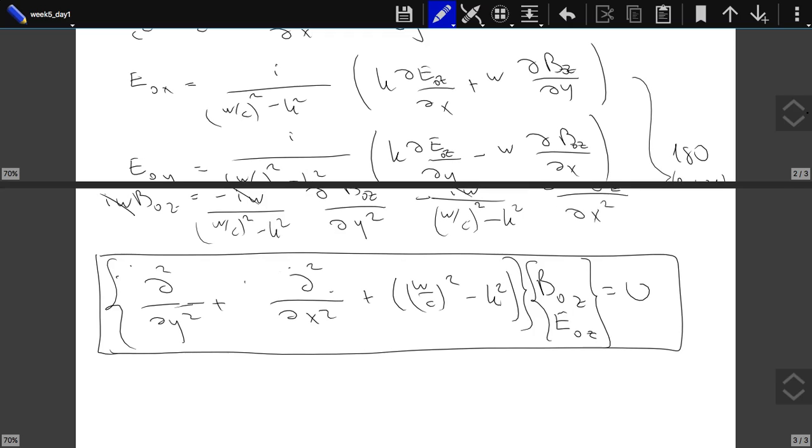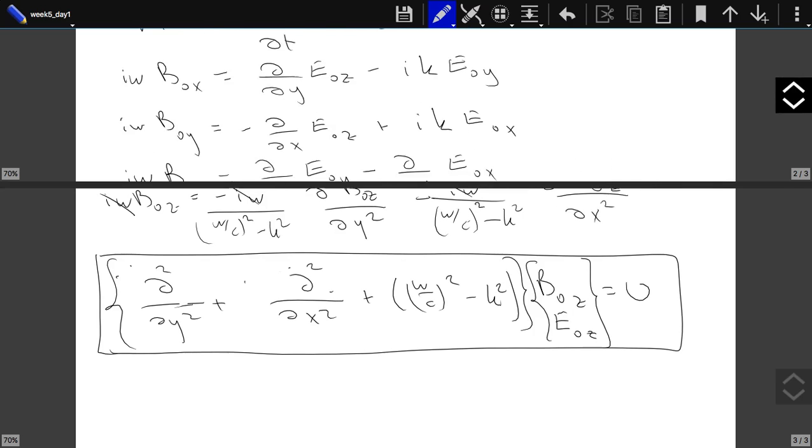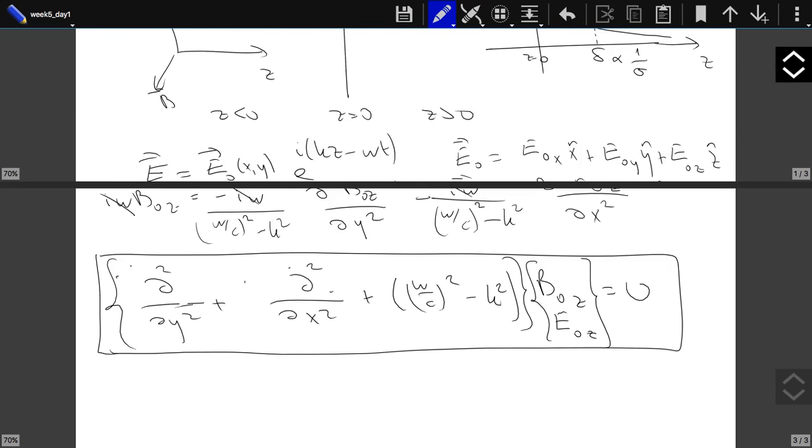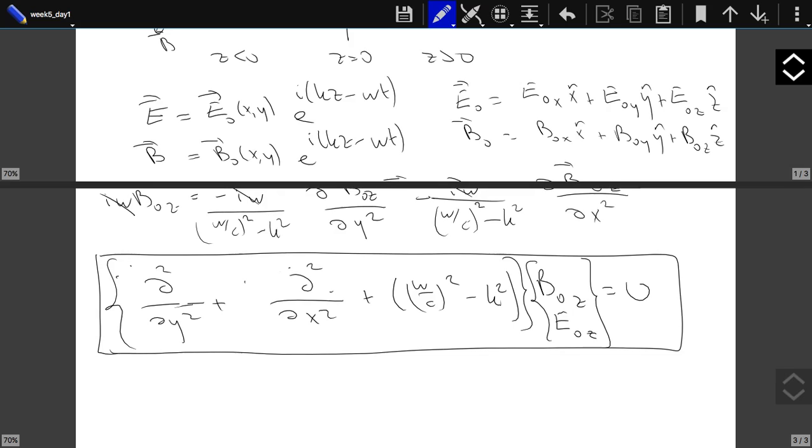We only made the assumption that the electric and magnetic fields can be written in this form. Well, for plane waves moving in the z direction, the same form also holds for them. It just turns out that E0 and B0 are also constants independent of x and y. But nevertheless, the form is the same.